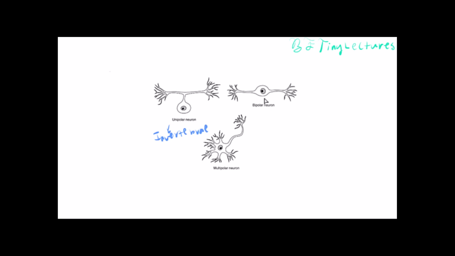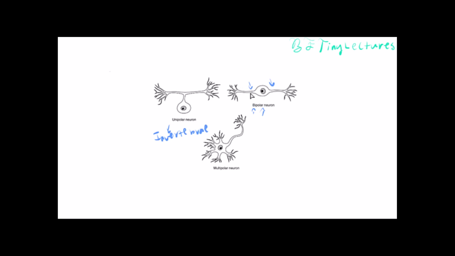Next, we have the bipolar neurons. So this is the bipolar neuron. Notice that here we have 2 processes. That's why it's called bipolar. Bi means 2. So we have 2 processes, and we have these dendrites on the opposite ends.